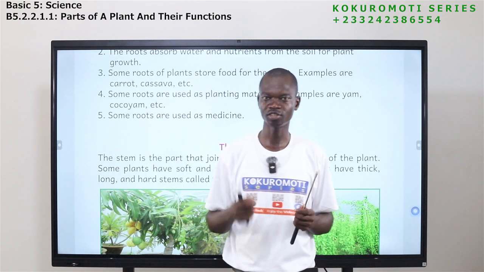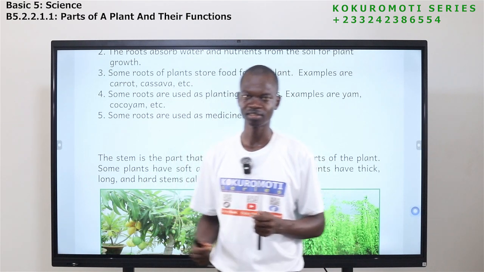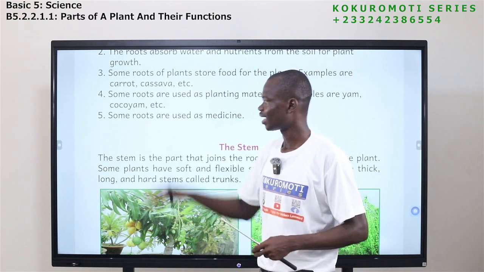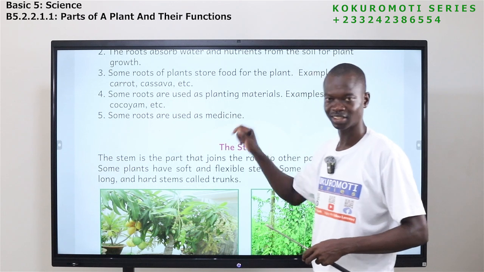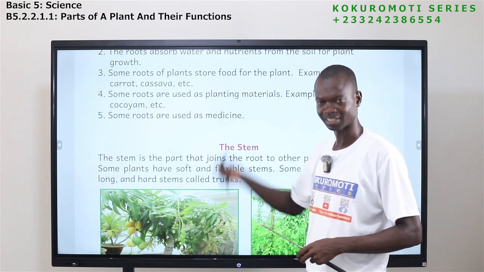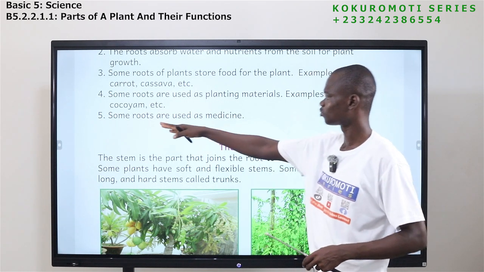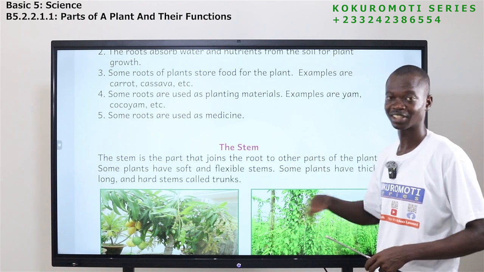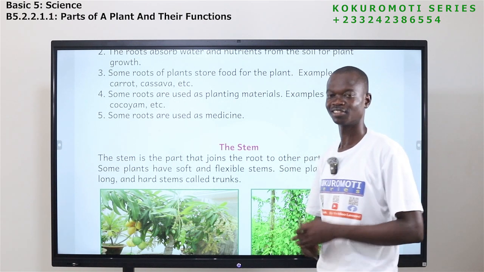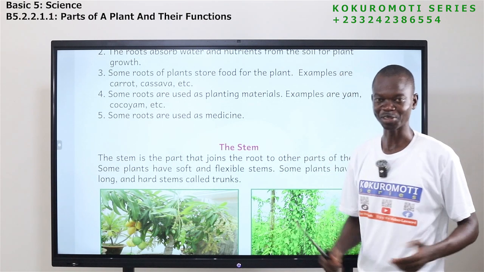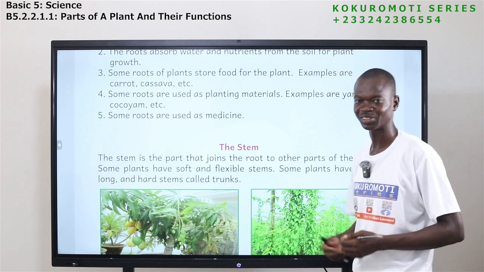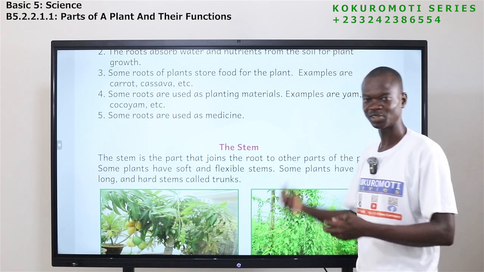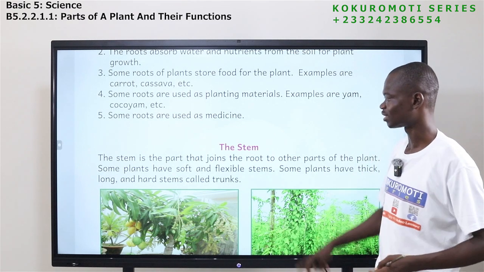So plants are used by human beings as medicine, and for some plants we use the roots as medicine. So some roots are used as medicine. You can give examples. Maybe you don't know, but you'll get to know it.